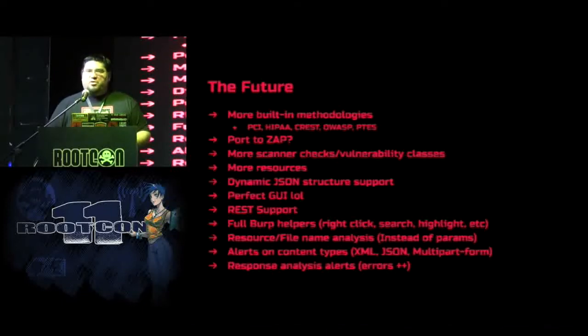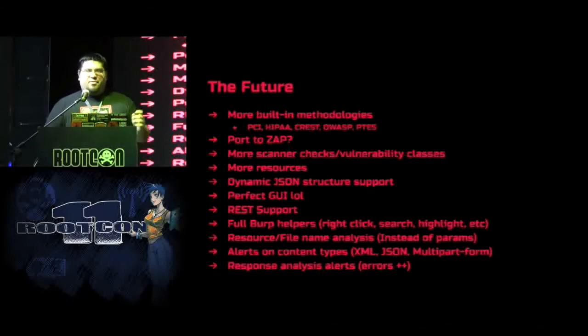We want to add more checks and vulnerability classes. We want to add more resources to help people manually test these vulnerabilities. We want a better GUI, because Burp's GUI is hard to work with sometimes, and we're not the best with it. Then we want to add the ability to look for REST parameters.